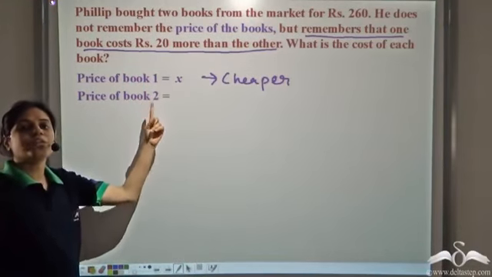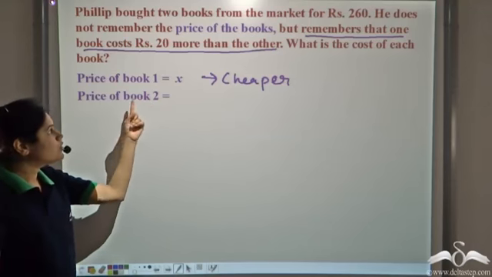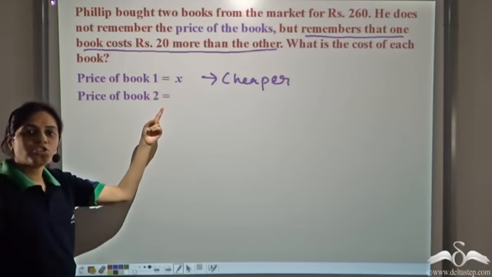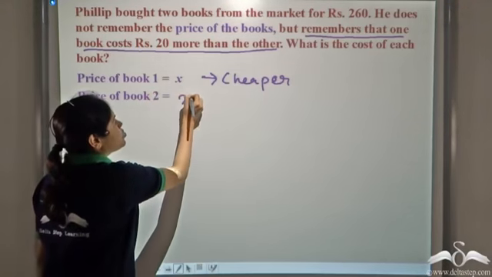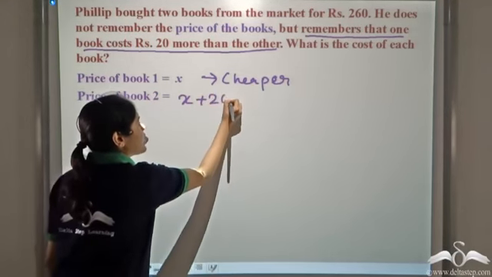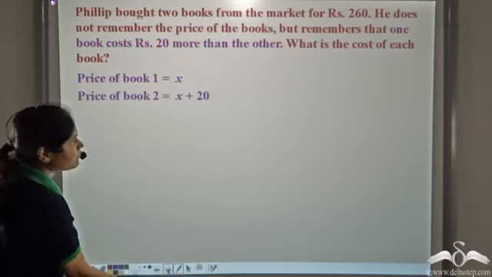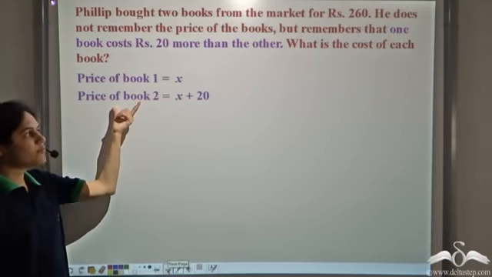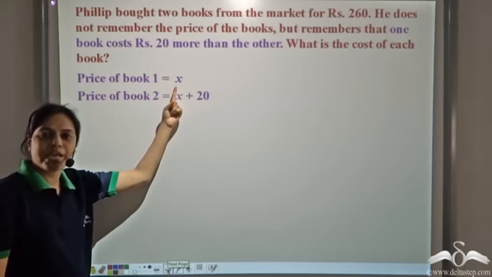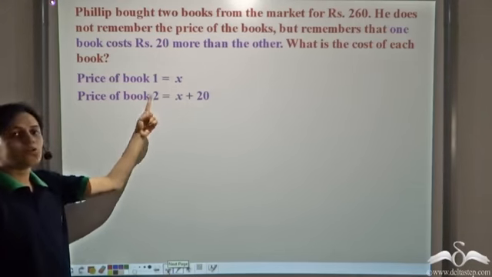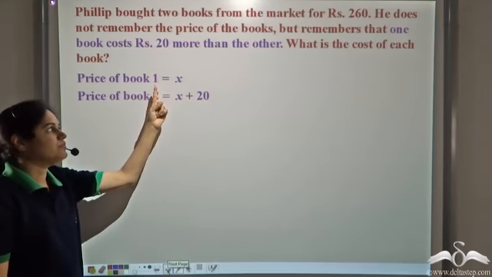One book costs rupees 20 more than the other, so book 2 costs rupees 20 more than book 1. So book 2 costs x plus 20. The price of book 2 is x plus 20 if the price of book 1 is x, because one book costs 20 more than the other.